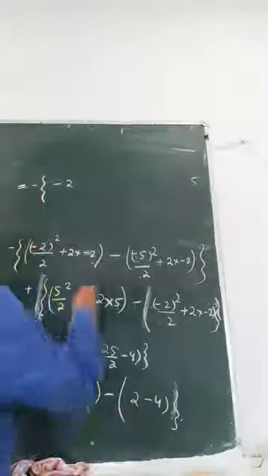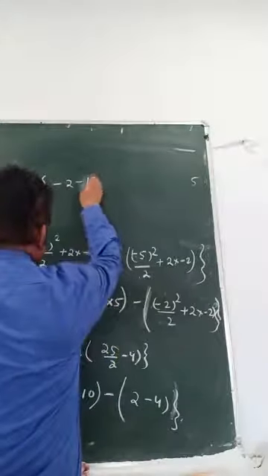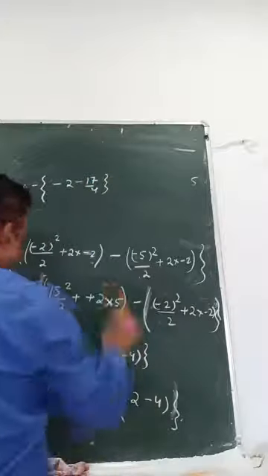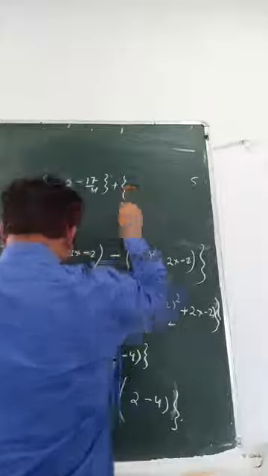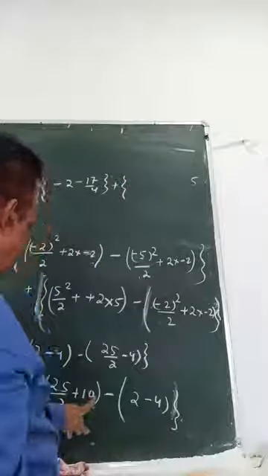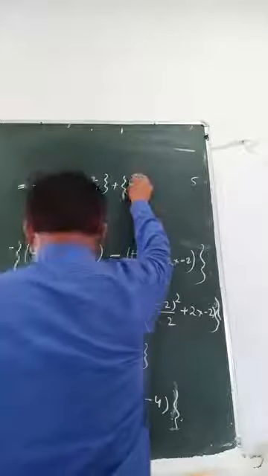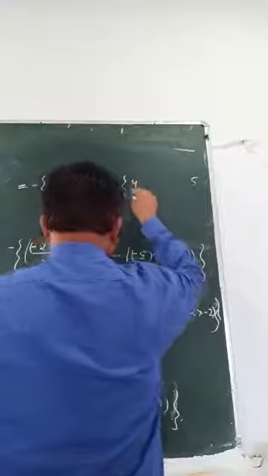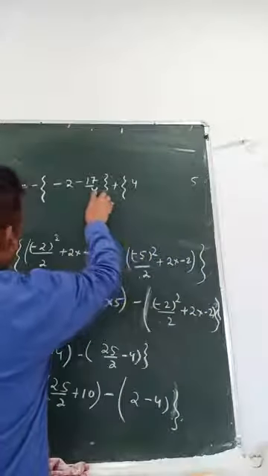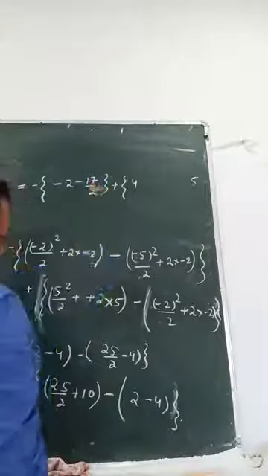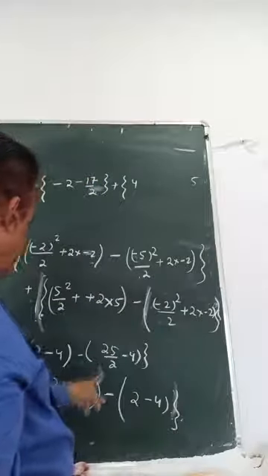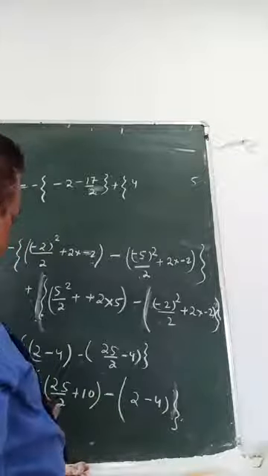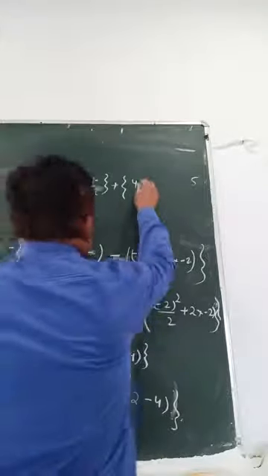So minus 17 by 4. Then plus 10, 20, 45 by 2, 17 by 2.